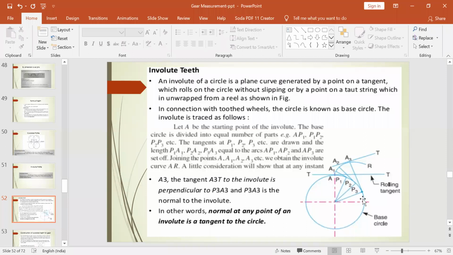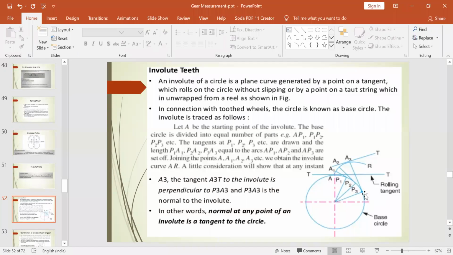The distance from A to P1, the same distance will be extended and drawn here as a tangent. Similarly, to draw the tangent over here, you will measure the arc AP2 distance, and the same distance will be drawn as a tangent.